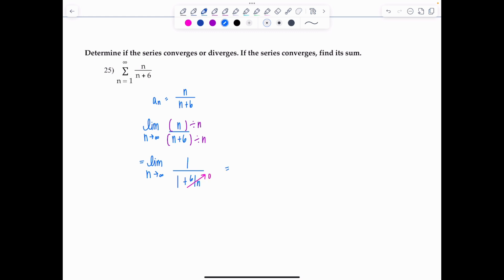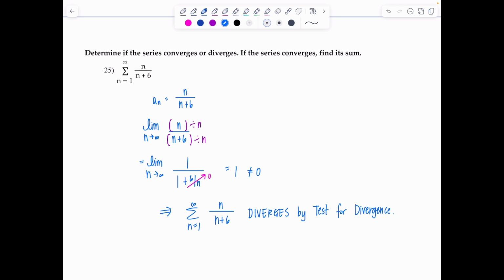This limit is 1. You guys, these terms don't go to 0. They approach 1. And we have a test. The test for divergence tells me if the terms of my series don't go to 0, then the sum, n equals 1 to infinity, of n over n plus 6 diverges by the test for divergence.